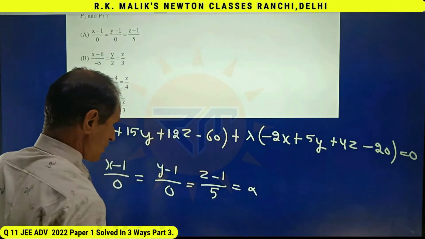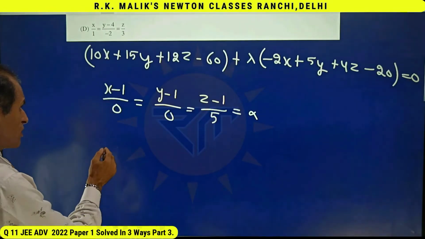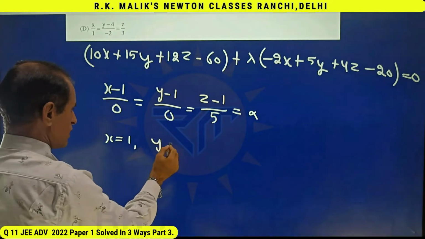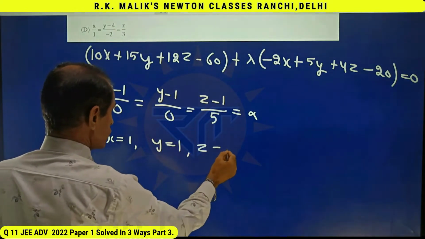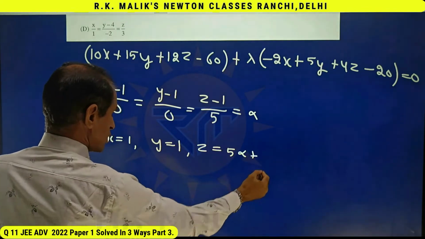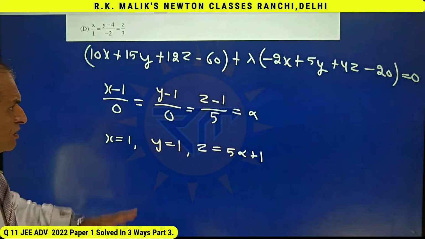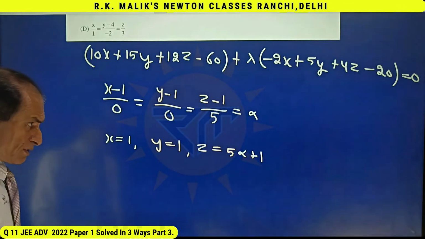Let it be equal to alpha. I get x equal to 1, y equal to 1, z equal to 5 alpha plus 1. I put this point in this plane.